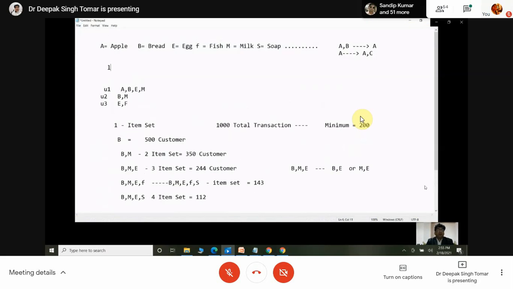For example, we have the L1 list, and the L2 list is there, where we have the items bread and fish. So these are the sets of length.